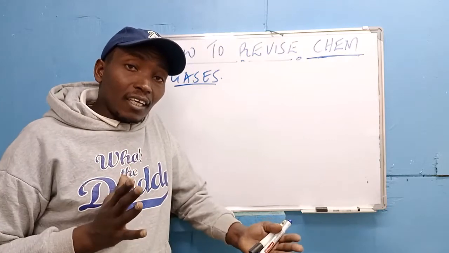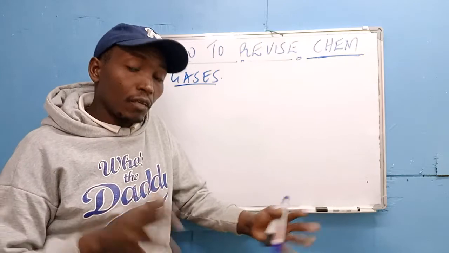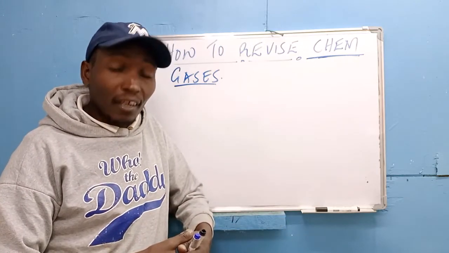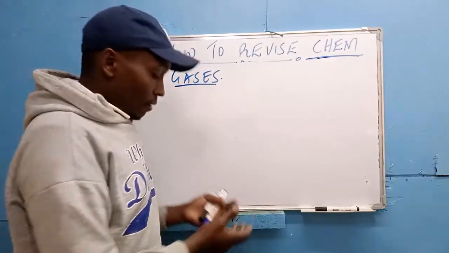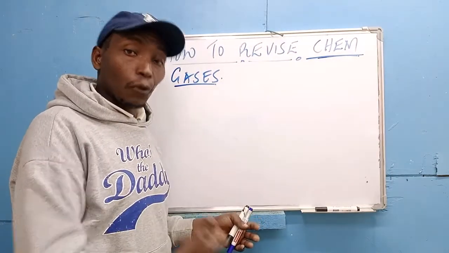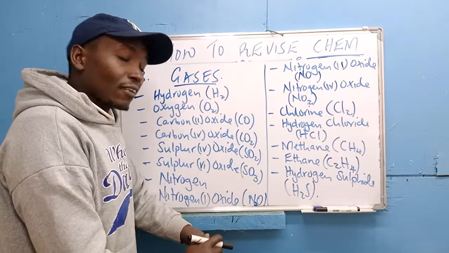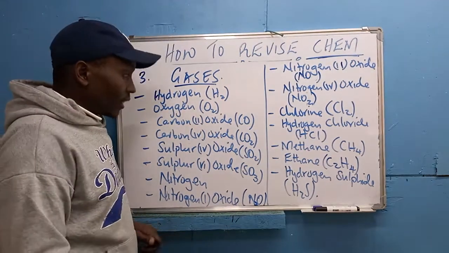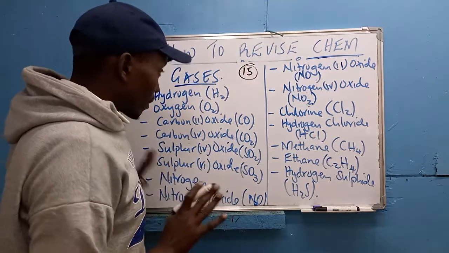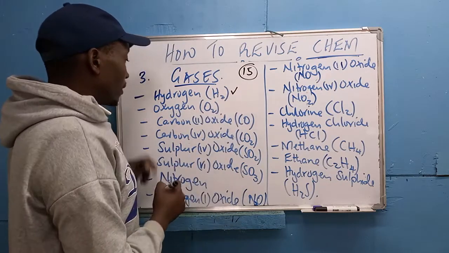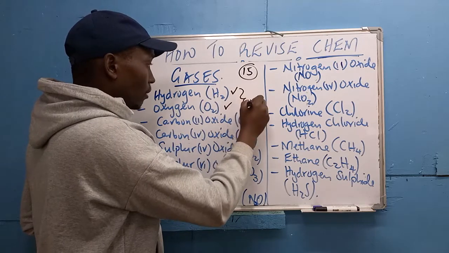Another approach a student can use, especially to revise another very broad area, is on gases. And maybe this is a list. What I'm having next is a list of all the gases. With the gases, if the student can aim at going through the 15 gases: hydrogen, that is in Form 1, oxygen, both of these in Form 1.